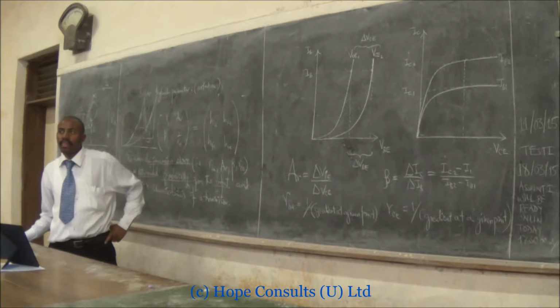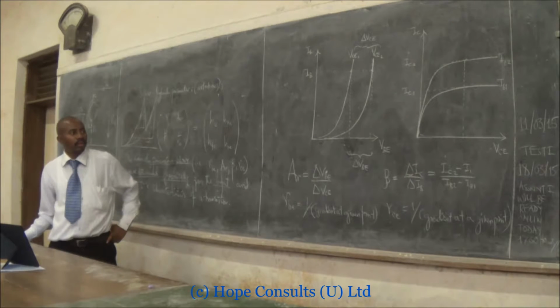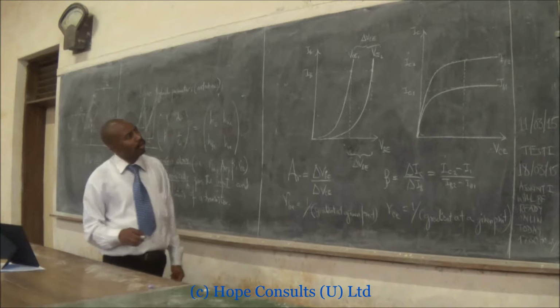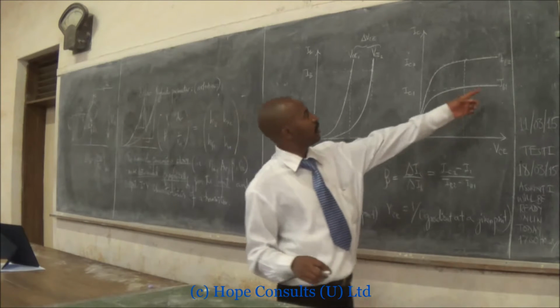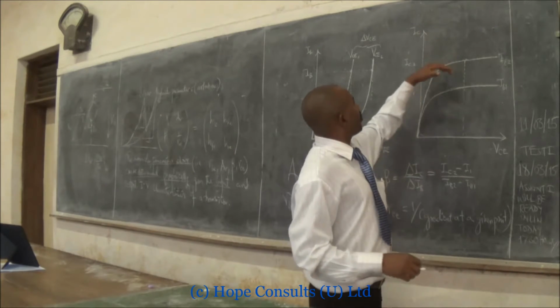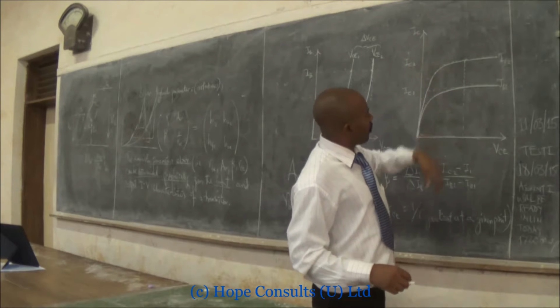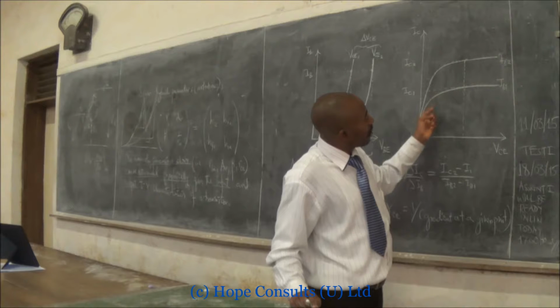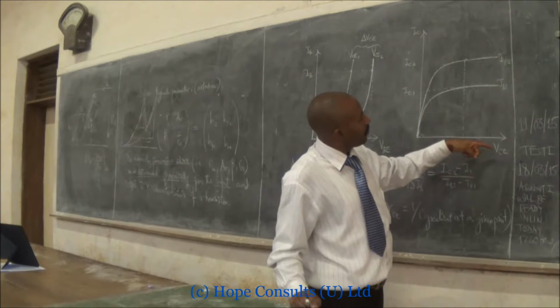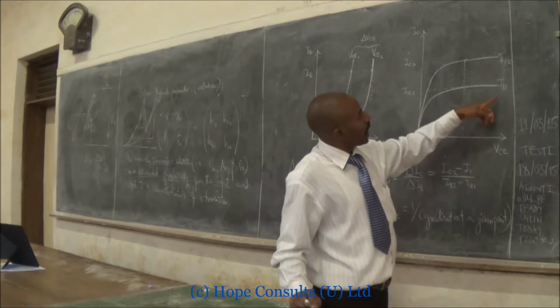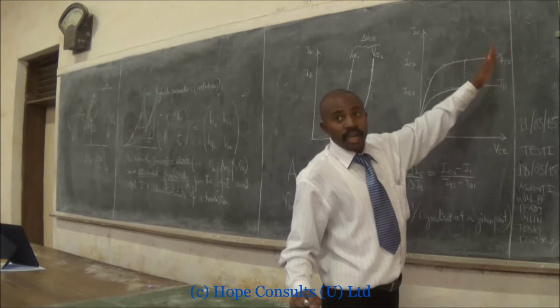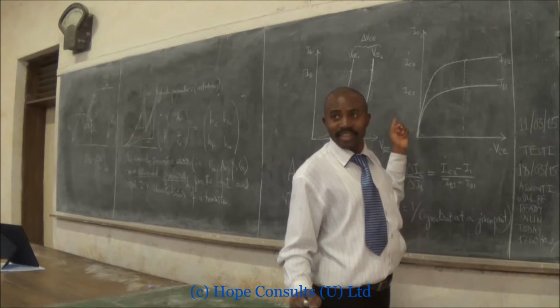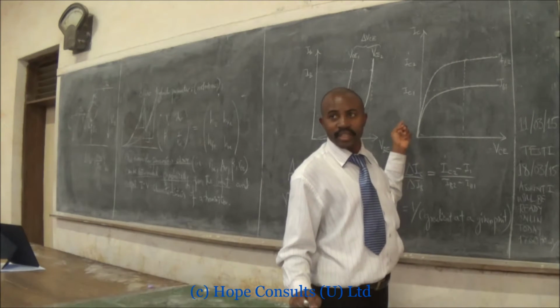Yeah, IC here, right? Here. Yes, because we are having a value at a given value of VCE, your IB varies upwards, much as you have this being your IC.